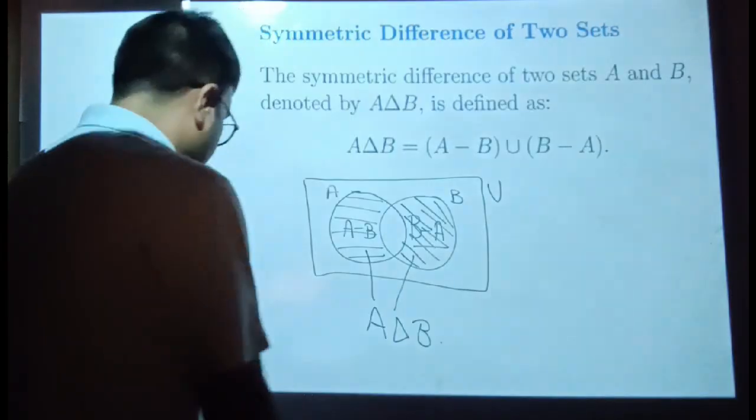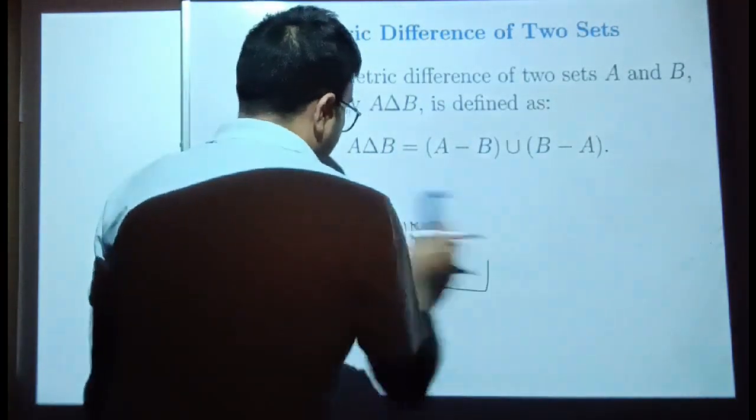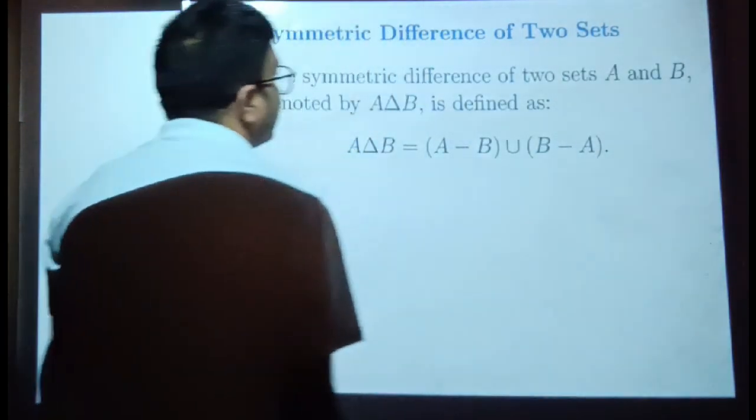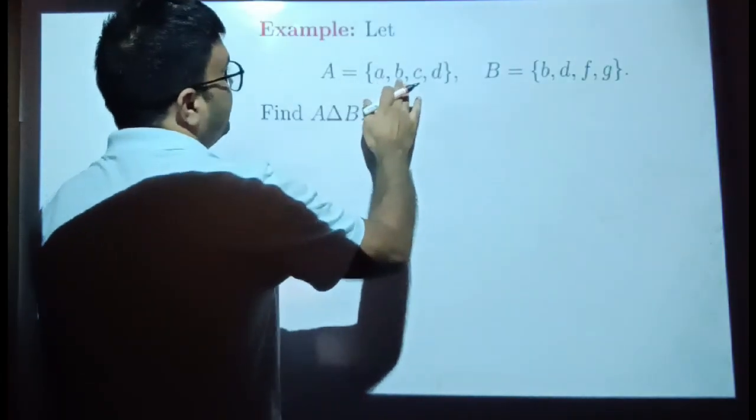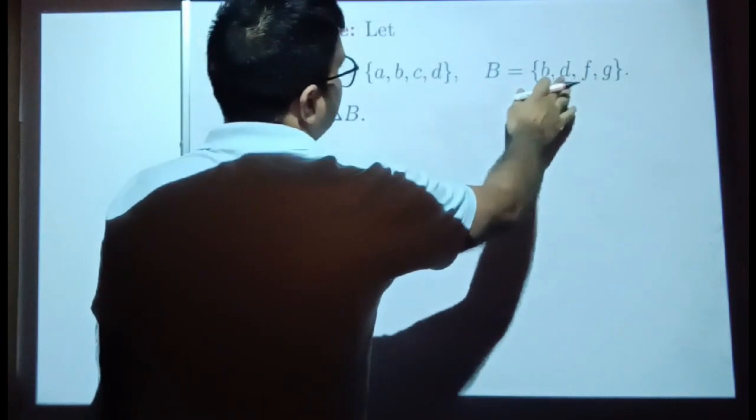So let us try to understand it with an example. Suppose two sets are given. One is the set A, it has elements a, b, c, d. B has elements b, d, f, g.